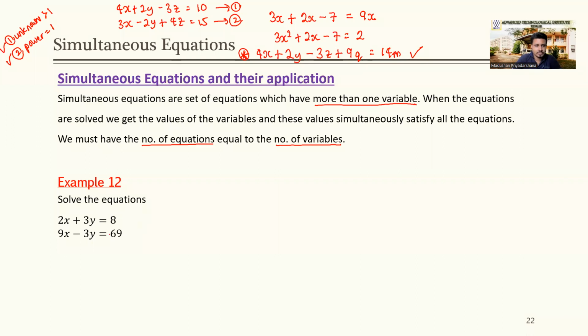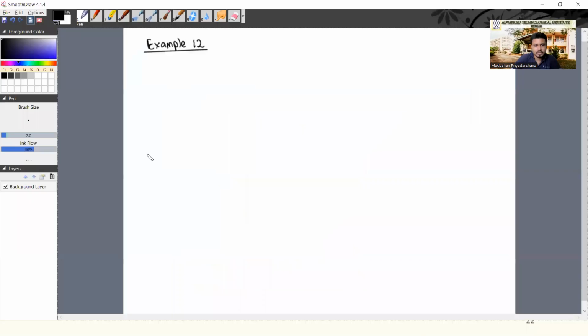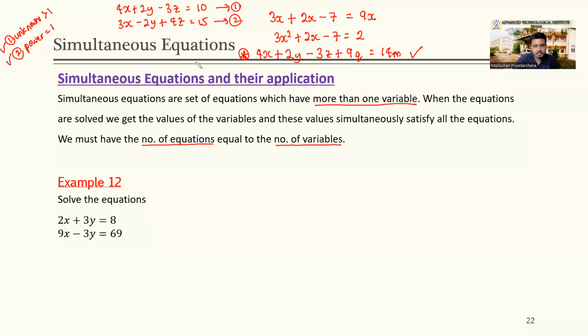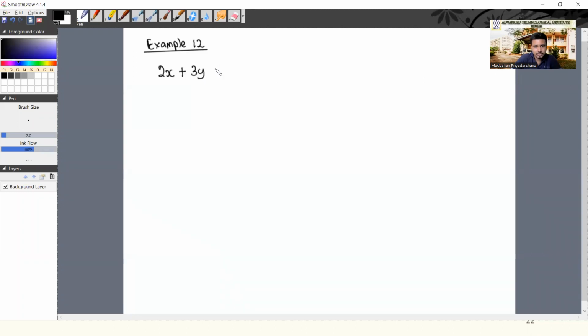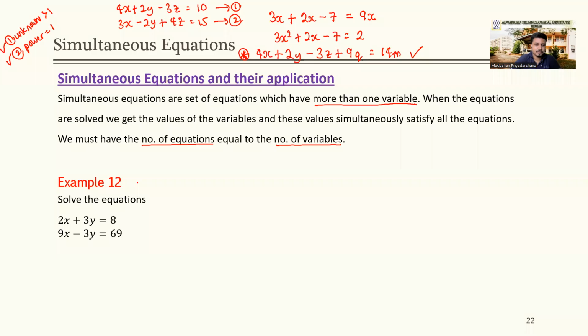Here we have, right, 2 equations. Therefore we should be able to get the values of x and y. The first equation is what? 2x plus 3y equals 8. So this is our equation number 1.